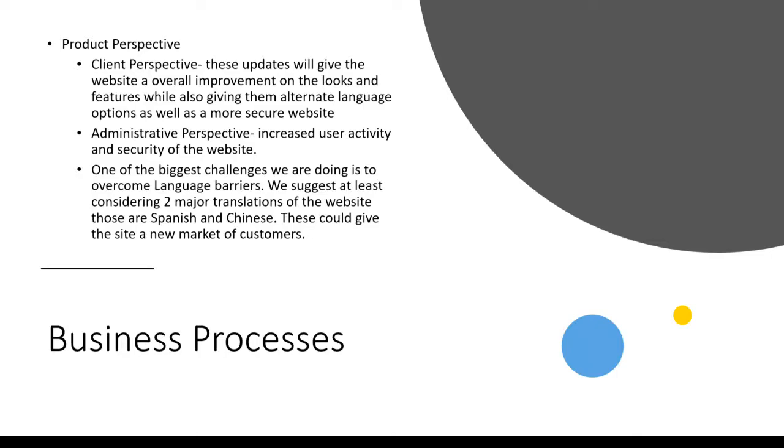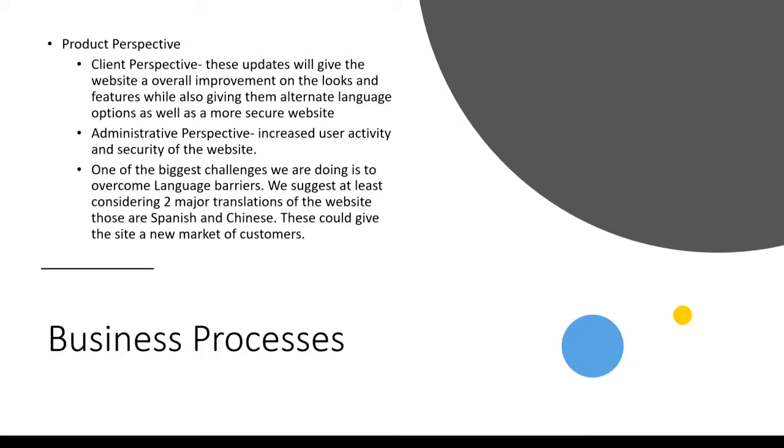So since the United States is an ever more diverse country, getting more diverse every day, we suggest at least bringing in 2 major translations of the website, Spanish and Chinese, mainly because we're seeing a lot more Spanish being spoken today in America. Not to mention, there's an influx of Chinese immigration, as well as China's on the move.